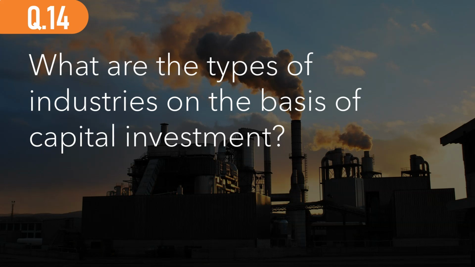What are the types of industries on the basis of capital investment? Capital investment is essentially the money that we invest in a corporation, with the goal to reap profits on top of the investment in the future. So capital investment can take form as either fixed capital or working capital.